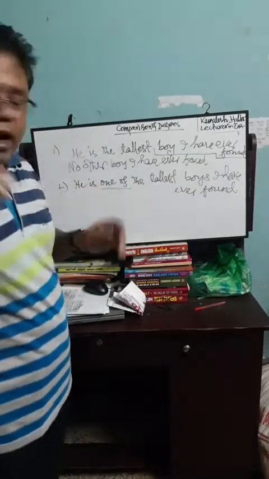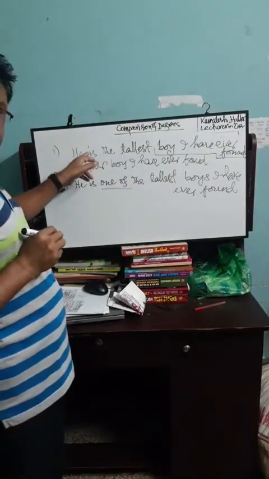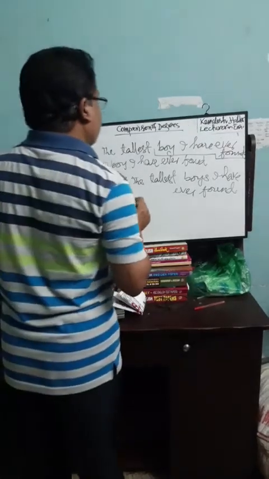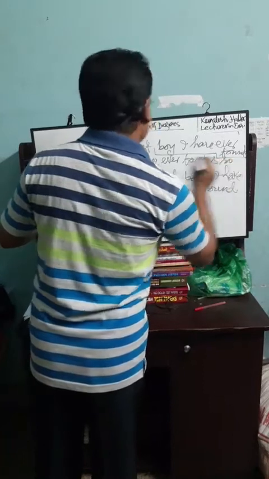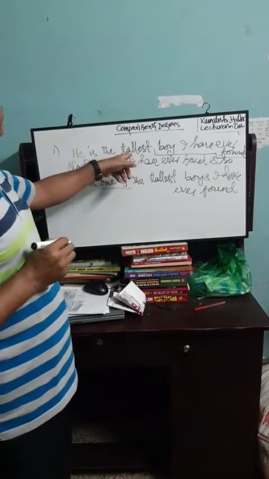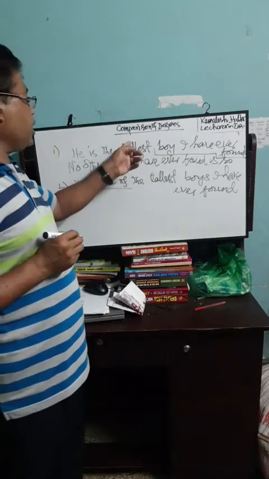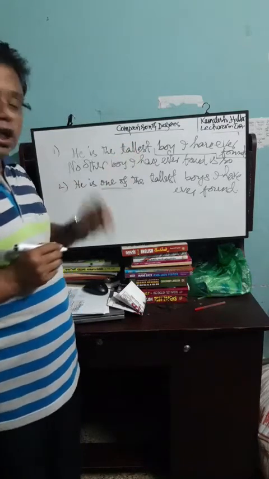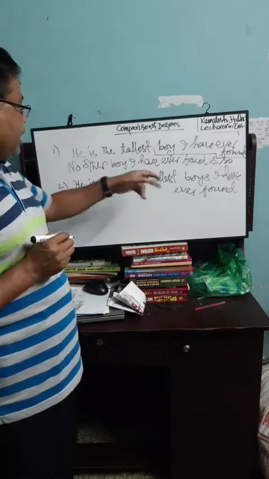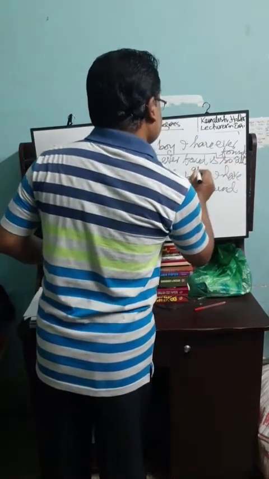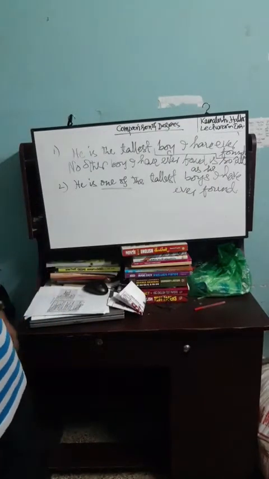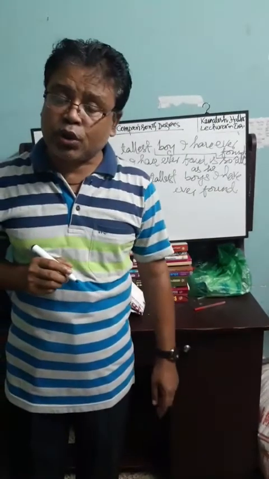And then the verb. Here the verb is. No other boy I have ever found is. Then so. Then the positive form of the superlative degree. Tall. No other boy I have ever found is so tall. Then as. Then the subject. No other boy I have ever found is so tall as he.